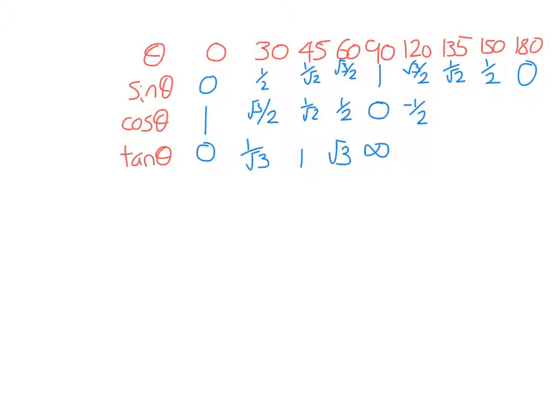The x value is negative in that quadrant. And similarly for the rest of them. So these are ways you can work out the exact values for obtuse angles. We'll do tan now. So tan 120 is the same as tan 60 except negative. Tan 135 is the same as tan 45 except negative, and so on.